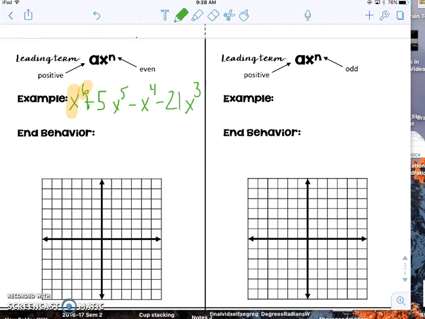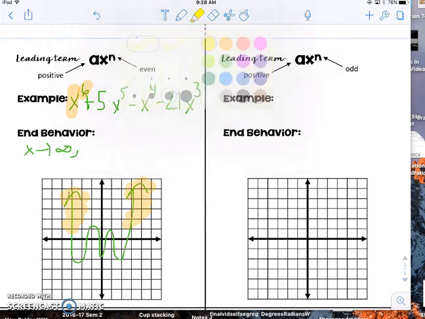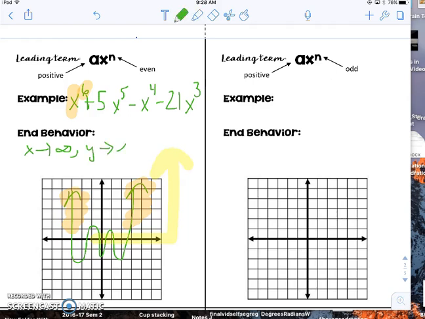The end behavior: this graph might have a lot going on in the middle, but it ends like a parabola. And the way we describe this, instead of saying field goals or a parabola facing up, is end behavior: as our x values go to infinity, what happens to our y? It's kind of like saying, as x gets bigger, y also gets bigger. So we say y goes to infinity.